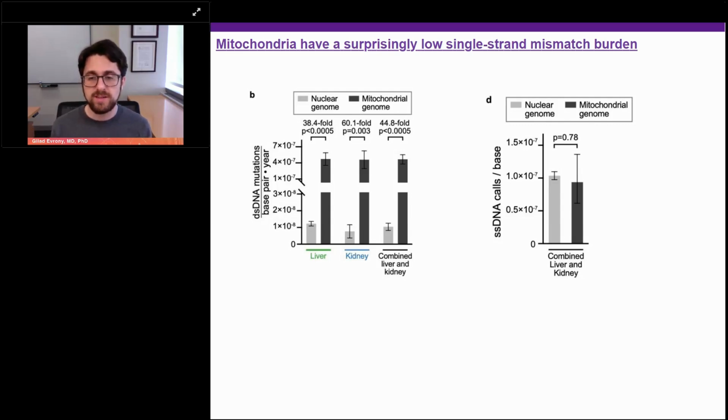In addition to the fact that our technology only captures double-strand DNA molecules, we don't capture single-strand DNA, so our data is actually consistent with the mutation process of mitochondria happening during mitochondrial genome replication.